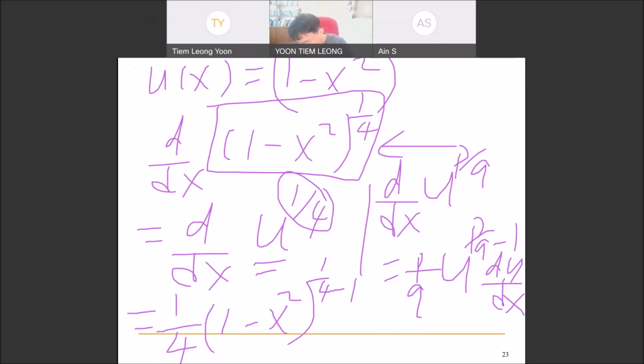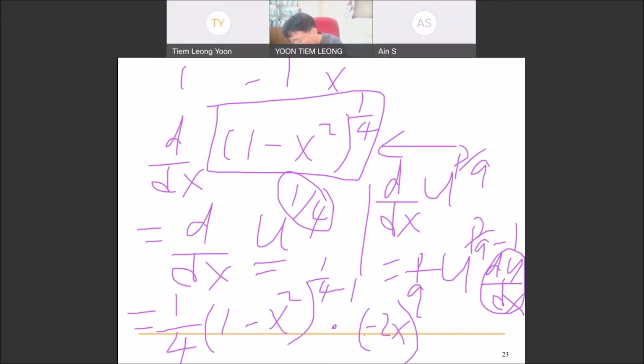Then you also have another factor of du/dx. So u here is 1 minus x squared, so you have a factor here which is d/dx of u. Then it will just give you minus 2x. Okay, so that is the application of this formula.